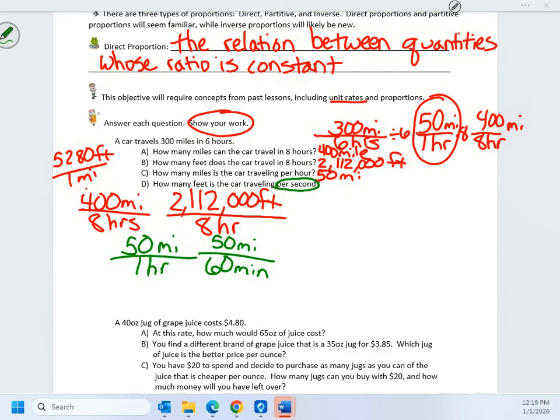So 60 minutes would be easier to divide down to 1 minute. Okay, so let's divide this by the 60, so we go down to 1 minute. So what's 50 divided by 60?